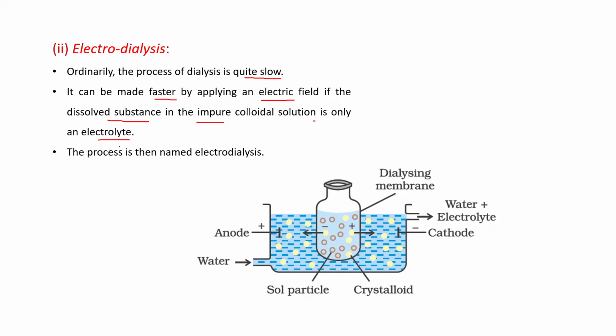That's why when we apply the electric field, these positive and negative ions move to the oppositely charged electrodes, and this is called electrodialysis. Simply, this side is the anode and this side is the cathode. The positively charged ions will move toward the cathode and the negatively charged ions move towards the anode. This is called electrodialysis.